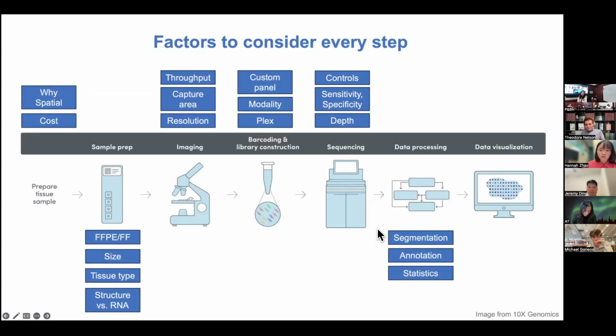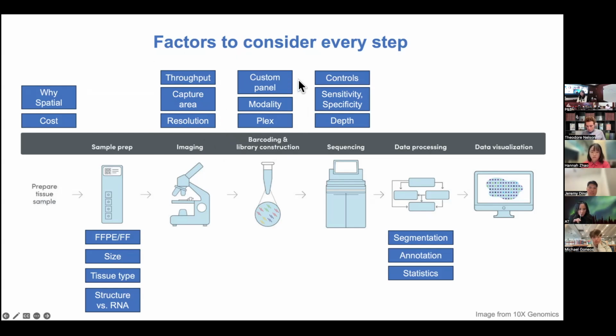A lot of the platforms have their own characteristics in terms of throughput and capture area. I didn't really talk about the capture area. Every platform has its own capture area, so sometimes you're very limited to small regions because it's going to take forever to scan, or you can take the whole imaging spot at a slightly lower resolution. So there are always questions around how deep you want to go or how large you want to go.